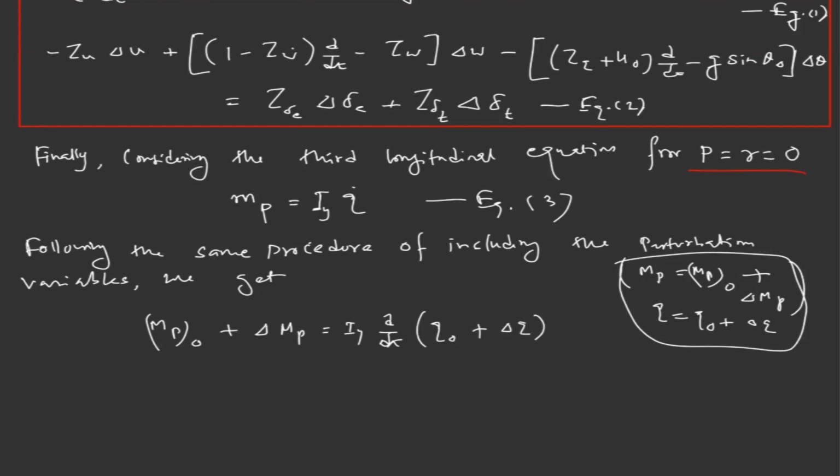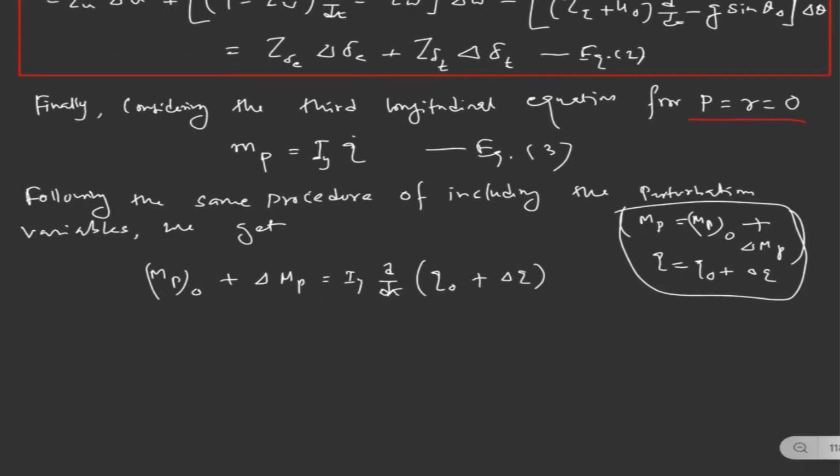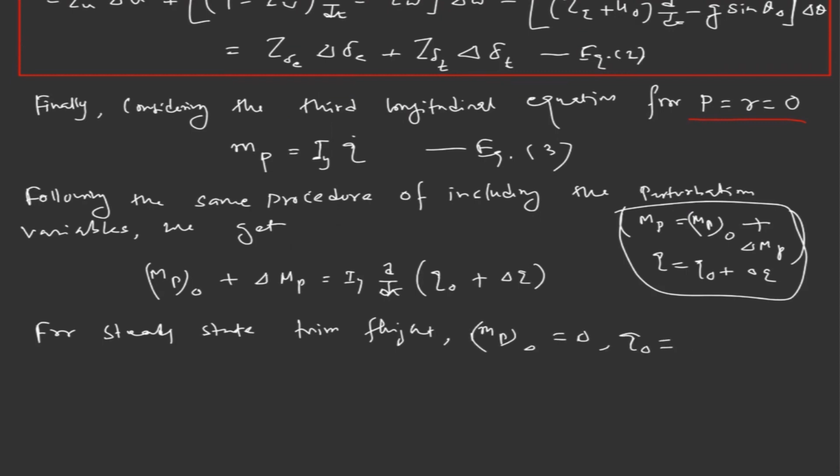And for the steady state trim flight condition, if you remember, we already had M_P equal to 0 and Q naught equal to 0.